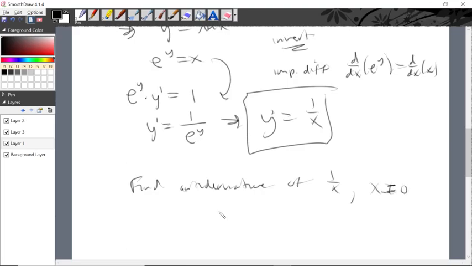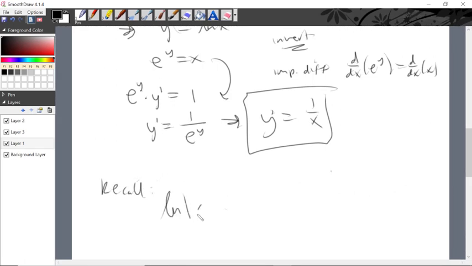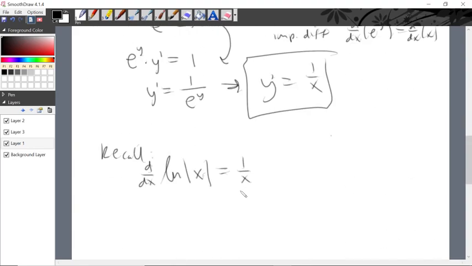And when we answer the question, what is a function whose derivative is 1 over x? The answer can't be natural log of x, because natural log of x doesn't have this as its domain. So also we'll recall then the natural log of the absolute value of x has as its derivative 1 over x. And here the domain of both sides is that x is not equal to 0.